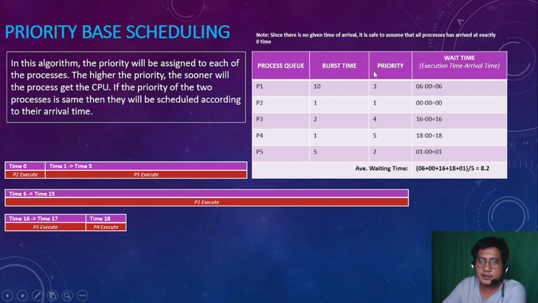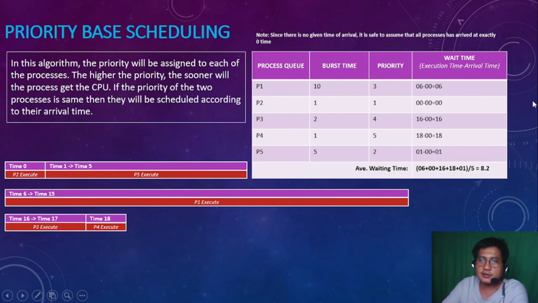You have to be careful: if you see that there is no arrival time included in the table, you have to assume that all of the processes arrive at 0 time simultaneously.